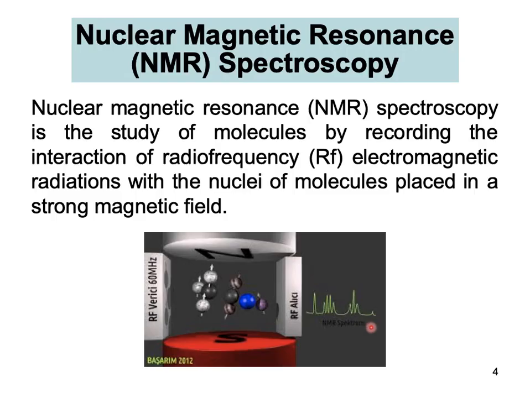NMR spectroscopy is arguably the most powerful and broadly applicable technique for structure determination available to organic chemistry. So what is nuclear magnetic resonance spectroscopy?